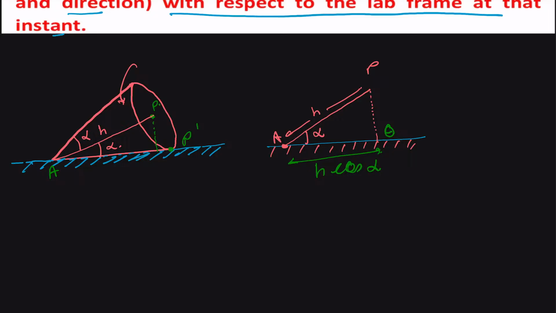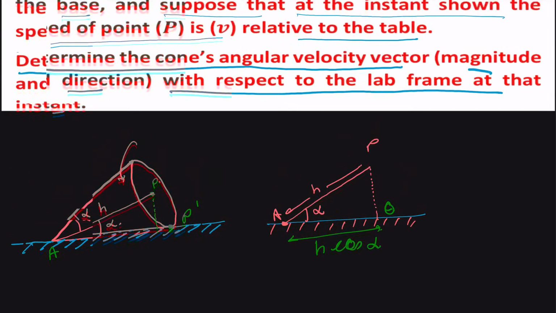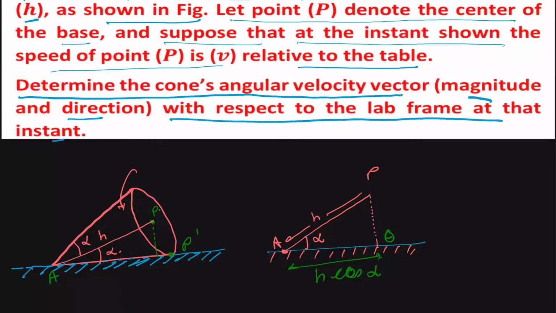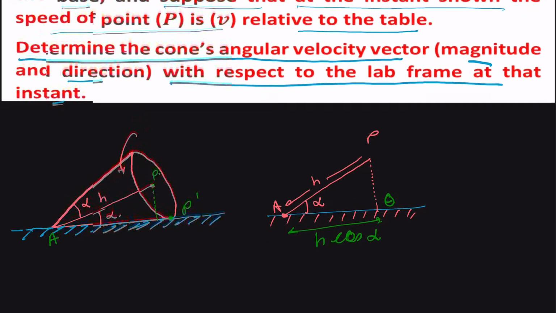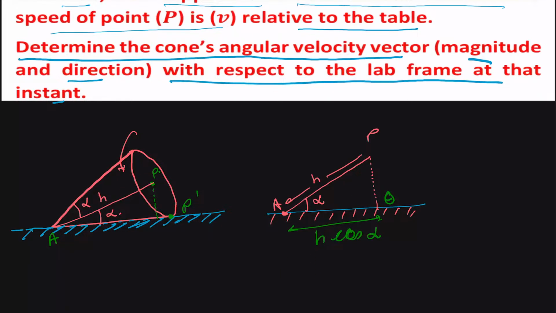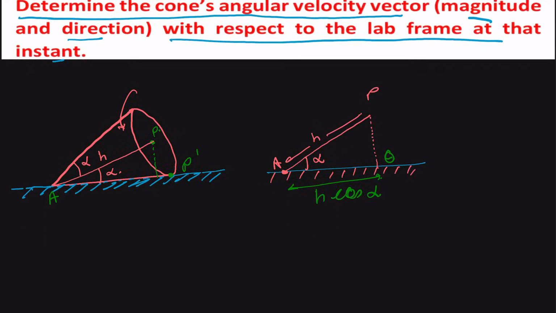And we are given that the speed of point P relative to the table is v.